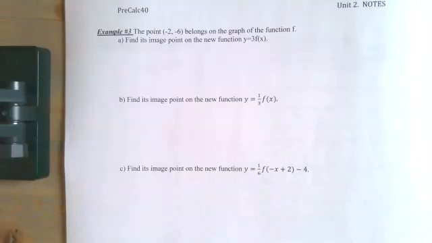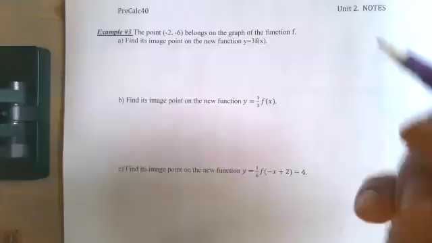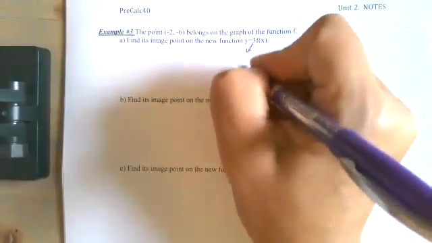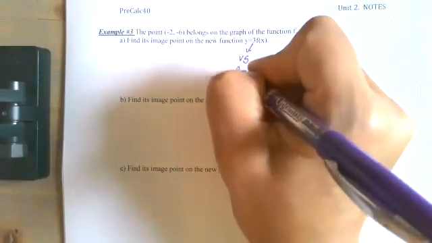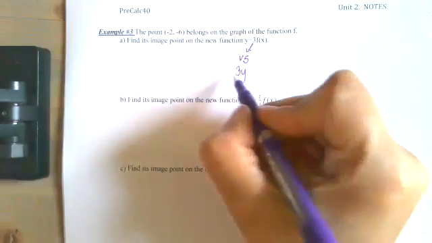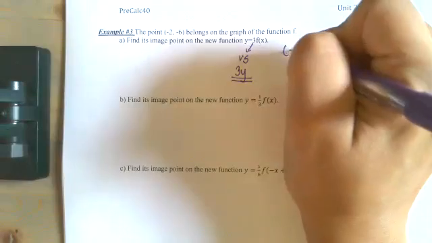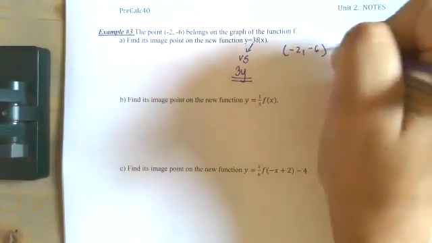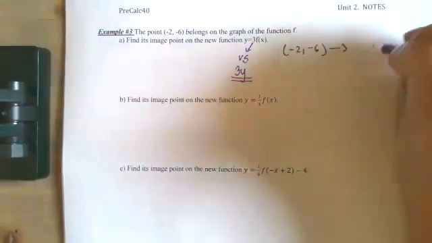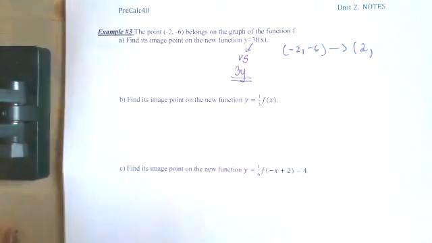So let's get started with 3 times f of x, and that is a vertical stretch by a factor of 3. And we already know what to do to our point. So the point -2, -6 belongs. -2 stays.